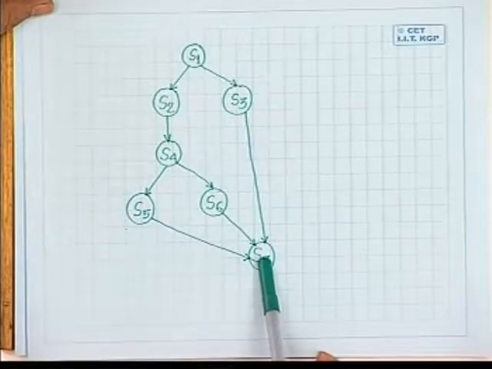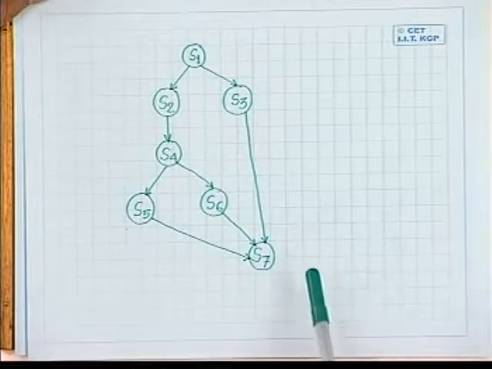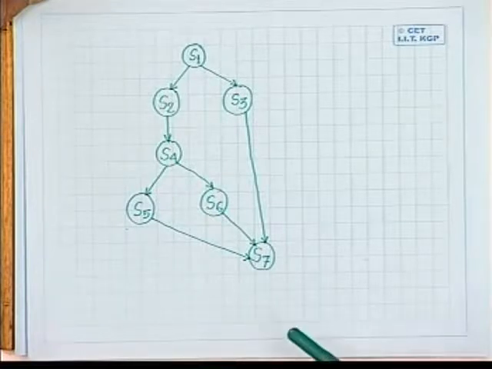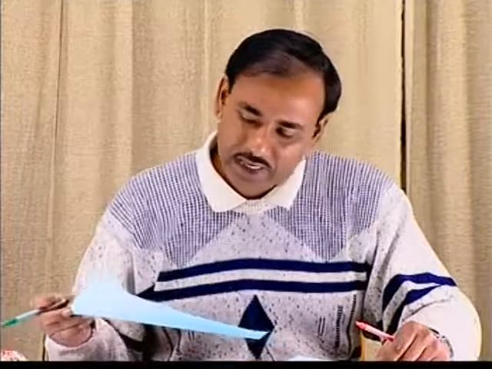I can have a complicated situation where the processes can be combined at multiple points, not only at one point. In that case, defining a single count variable is not sufficient. I can go for multiple count variables, say for example count 1, count 2, count 3, and so on.